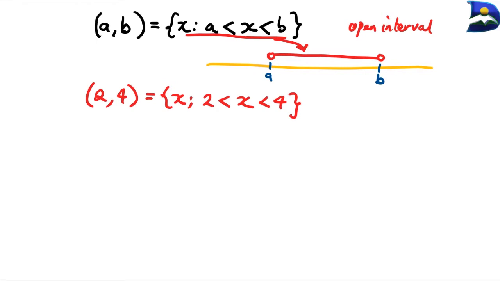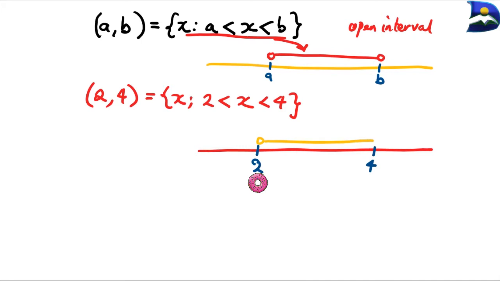To draw our number line, all we have to do is draw the straight line, highlight our 2, find our 4, and then highlight the specific interval where it is true for our open interval. So that is how to illustrate open intervals.